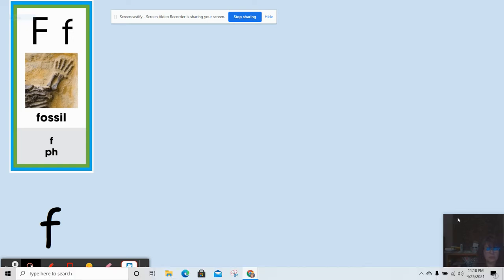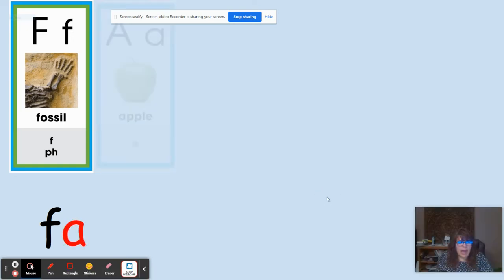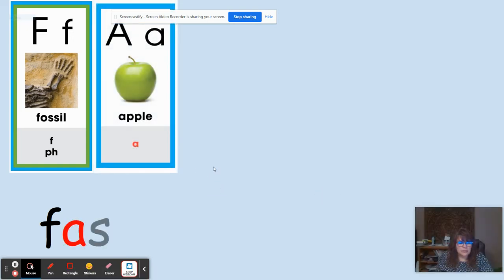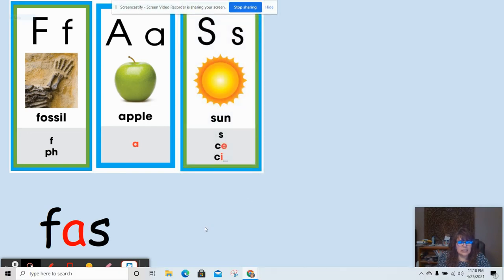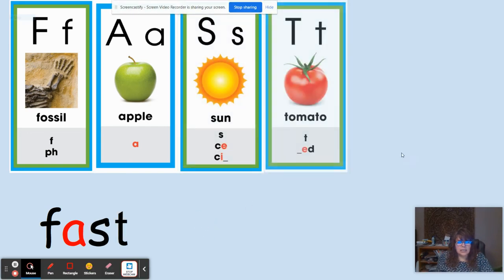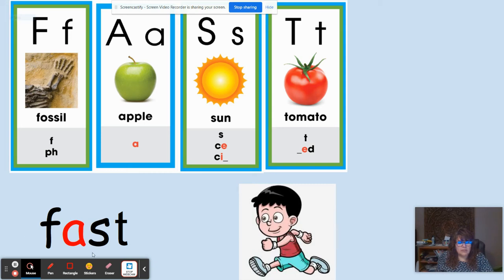F, like in fossil. A, like in apple. S, like in sun. T, like in tomato. And the word is fast. This boy is fast. But now we want to compare it with another one.